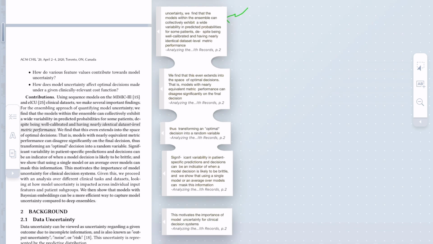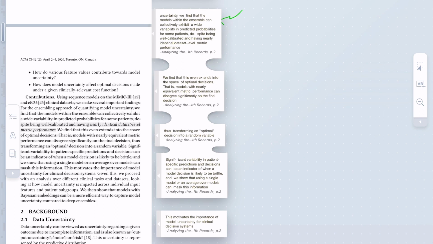They find that this even extends to the space of optimal decisions, which means that models with nearly equivalent metric performance on the dataset can disagree significantly on final decisions regarding the examples.